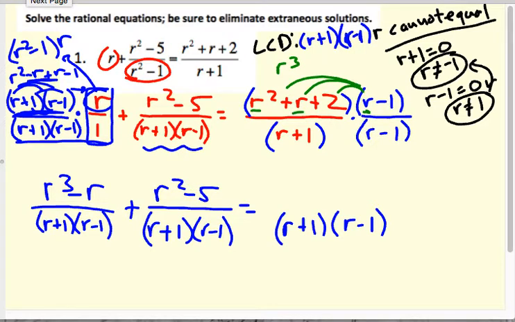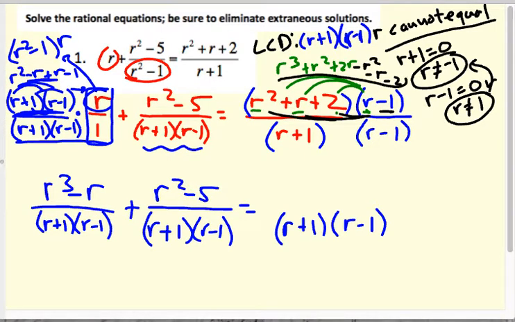This r times this r is r squared, and finally r times 2 is 2r. Oh boy, I'm running out of room up here. Okay, multiplying everything by negative 1, I'm going to have a negative r squared, a negative r, and a negative 2.